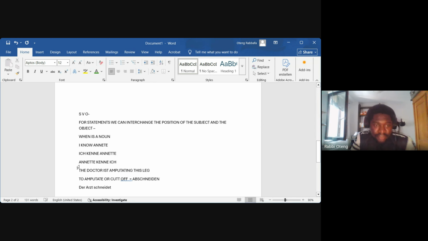Schneiden: if you take away the root ending en, you have schneid. Automatically for d and t you need to add an e before adding the normal conjugation ending in the third person singular. So you get schneidet.